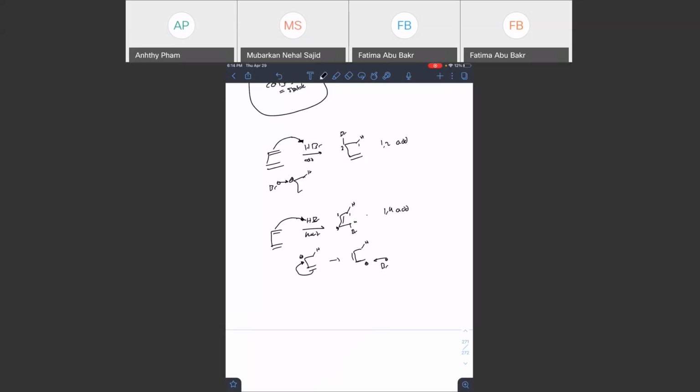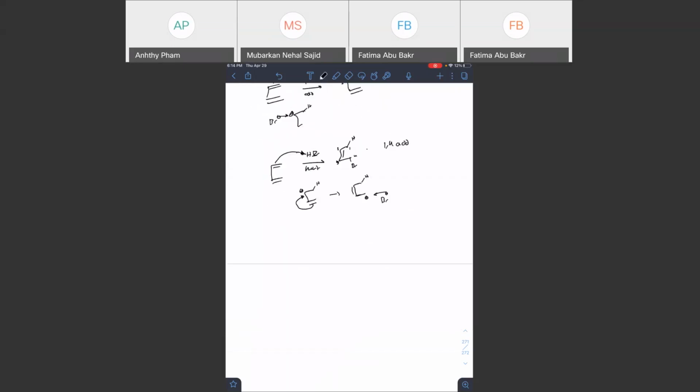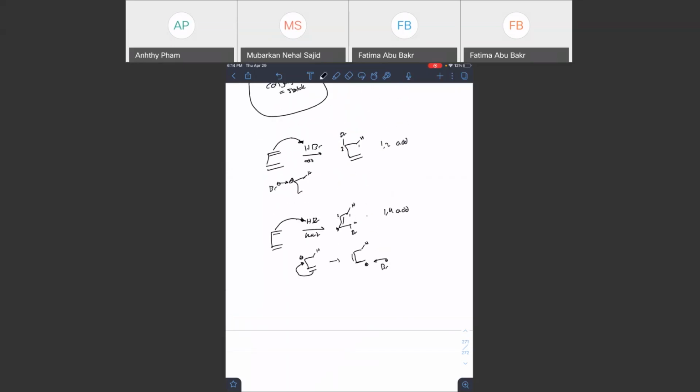So he's saying that 1,2 addition is done most often with strong bases, strongly basic things, and 1,4 addition is done with weakly basic things in general.